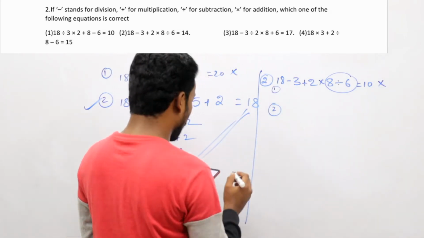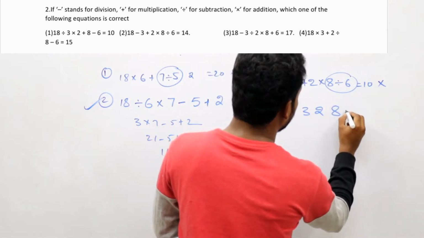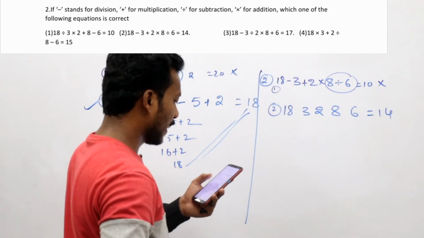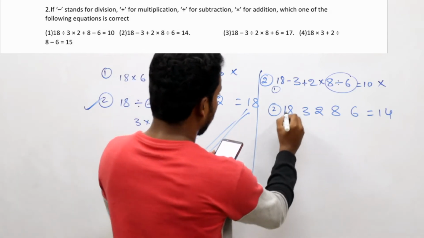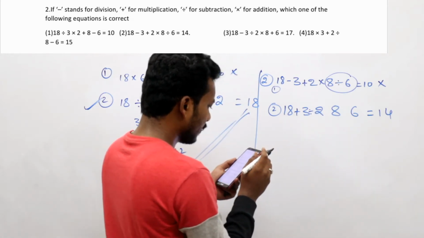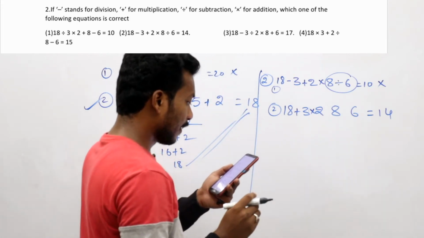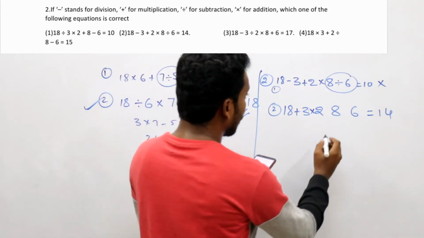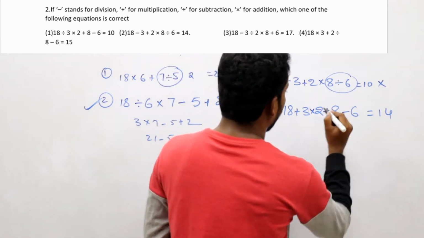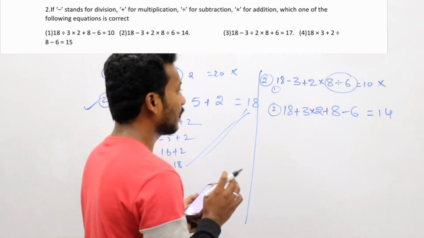Now move to the second option. Second option: 18, 3, 2, 8, 6 is equal to 14. Minus is plus, plus means multiplication, the third one is into, into stands for addition, and the last one is division, division stands for subtraction.